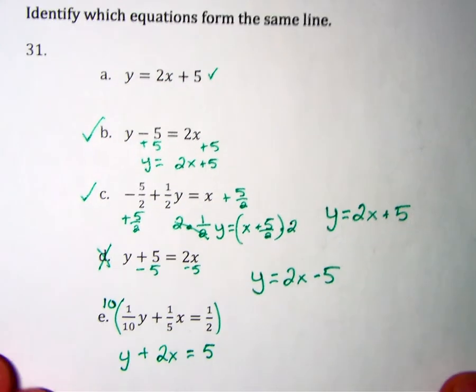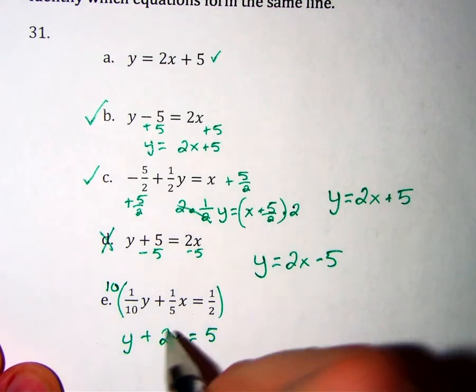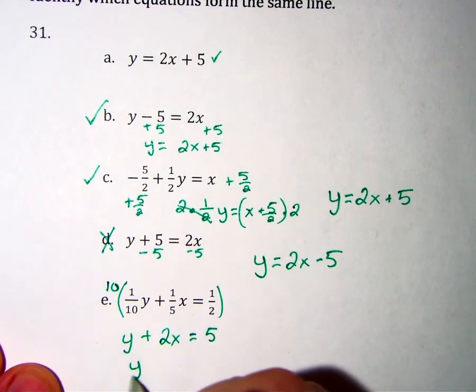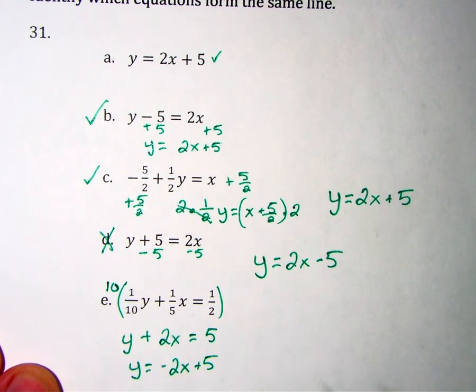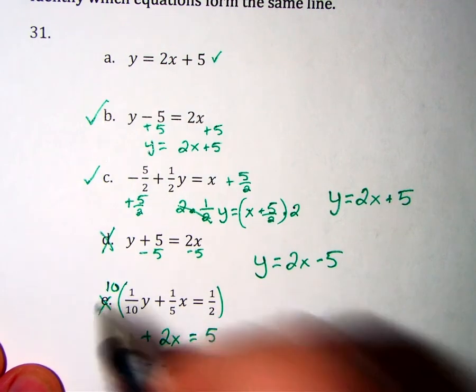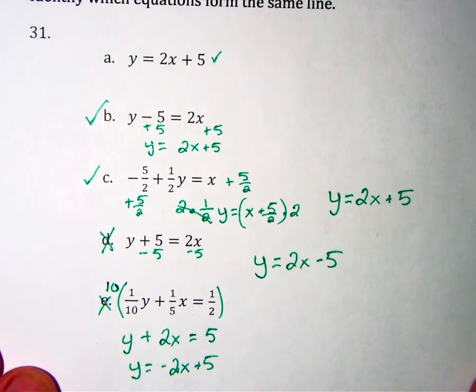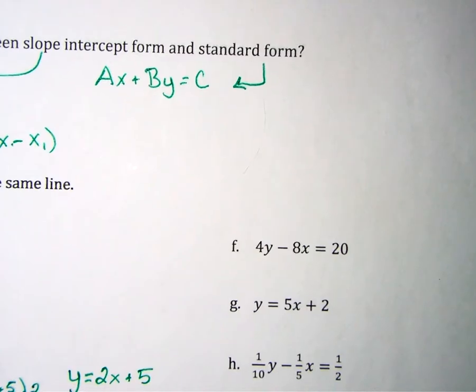That makes this problem now a little bit easier for us to work with. We need to subtract 2x from both sides, and we end up with y equals negative 2x plus 5. This gives us an opposite slope, so it also will not be the same line.